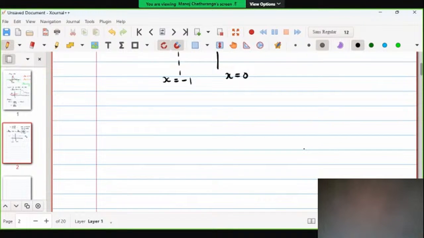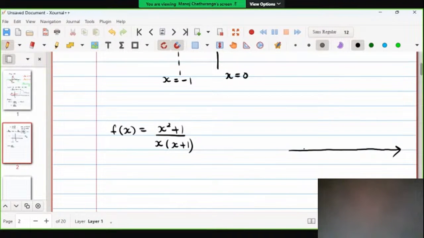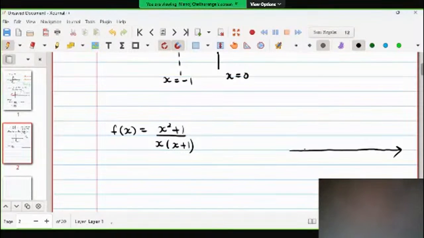Also, if you think about this, I can actually do a sign analysis and look at the sign change for this function.